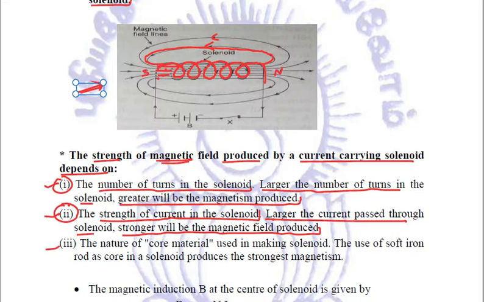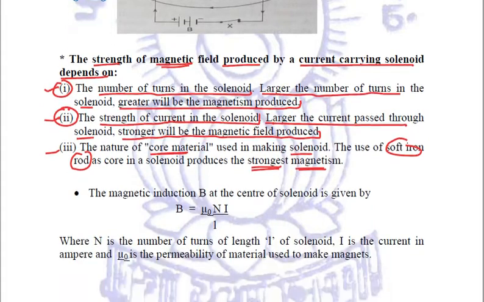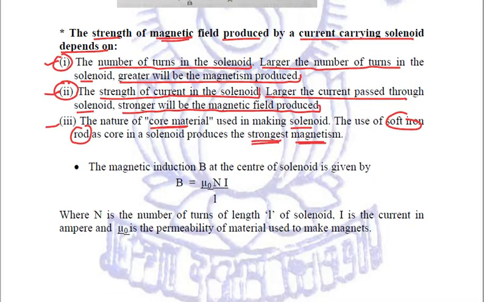Right? Now, when we just make a core material inside a solenoid like soft iron rod, then in that case it is going to produce the strongest magnetism, right? So these are the various factors on which the strength of magnetic field produced by a current carrying solenoid depend.